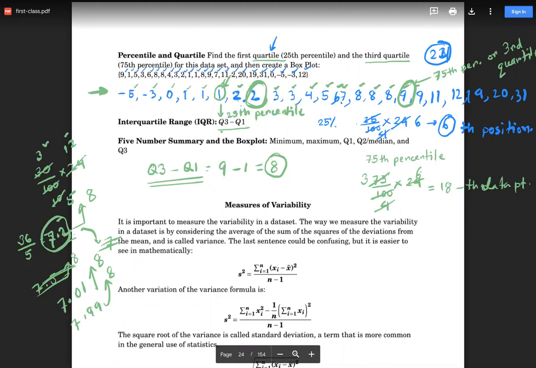Would this be like when businesses talk about their quarterly incomes and stuff like that? Like, they position all the numbers to come up with their quarter?